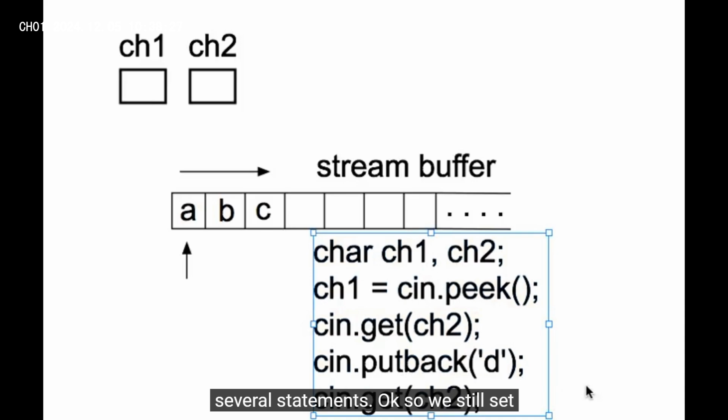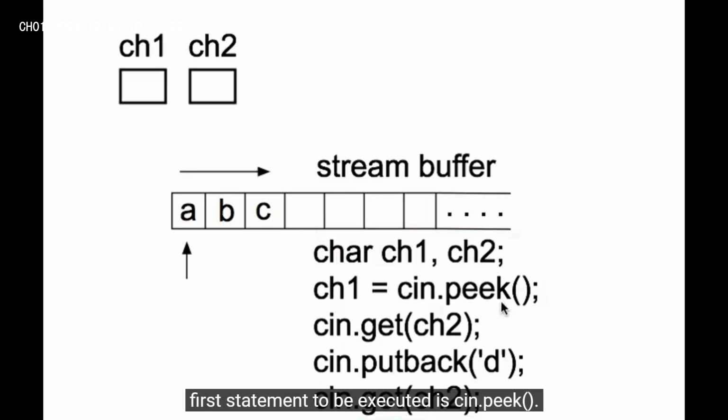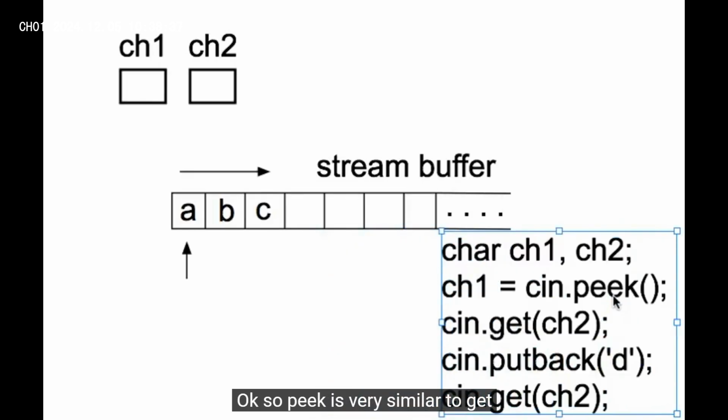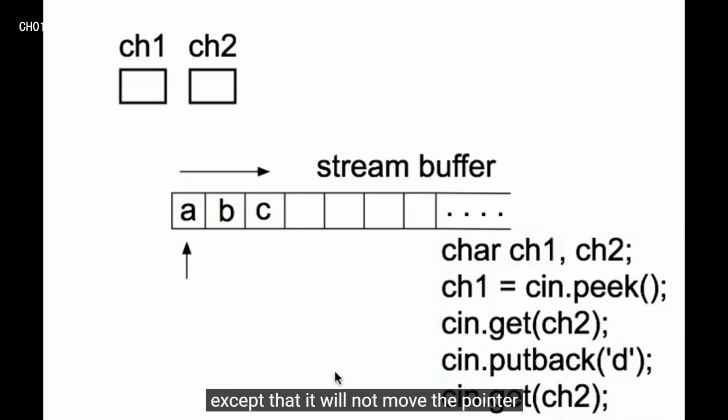Okay, so we still set aside ch1 and ch2 right there. But the first statement to be executed is cin.peek. Okay, so peek is very similar to get, except that it will not move the pointer over to read the next item. Remember that that's what we did with get.